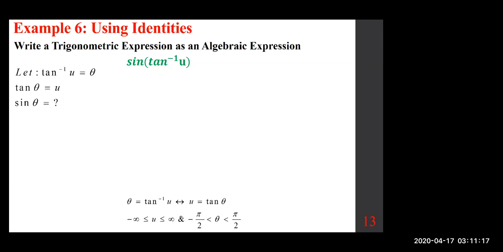In the identities, we know that sine is the same as 1 over cosecant, and cosecant has a relationship with cotangent, and that means 1 plus cotangent squared is cosecant squared. We know that. Okay, class? Is everybody okay with that so far?